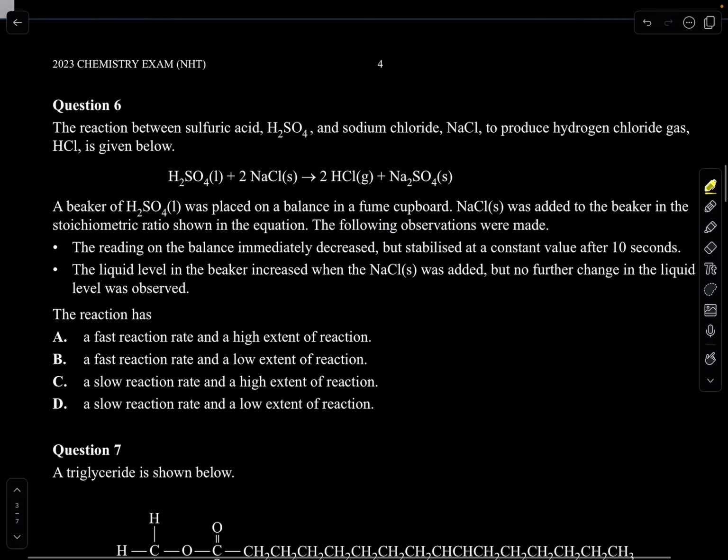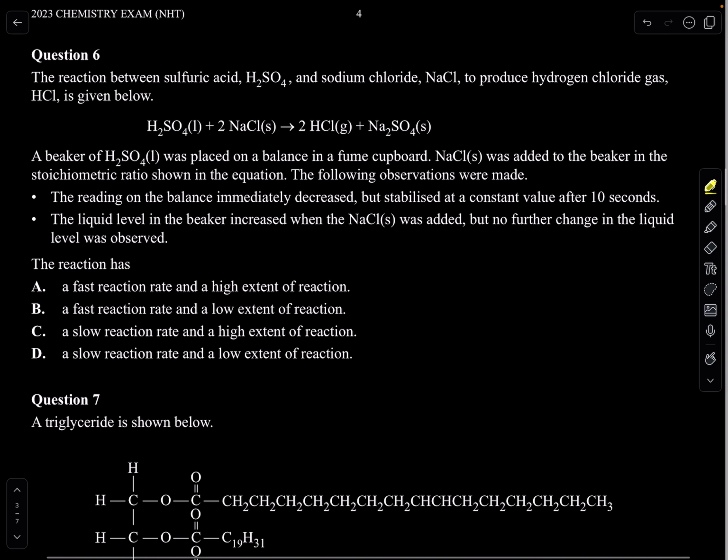Nice. Question 6. The reaction between sulfuric acid and sodium chloride to produce hydrogen chloride gas is given below. A beaker of H2SO4 was placed on a balance in a fume cupboard. NaCl was added to the beaker in the stoichiometric ratios shown in the equation. The following observations were made. The reading of the balance immediately decreased.